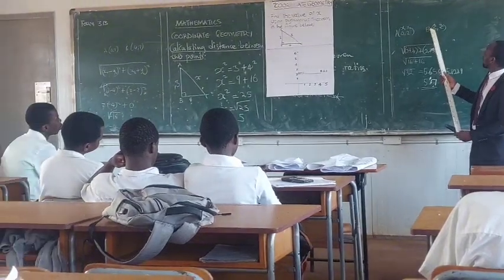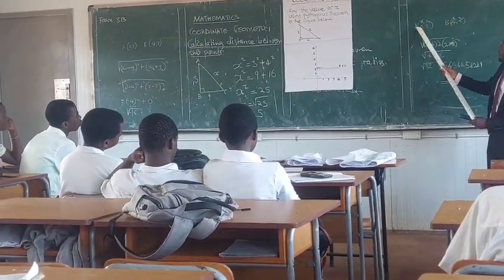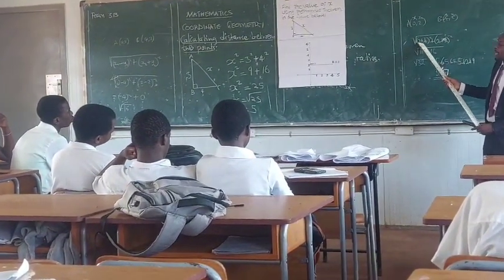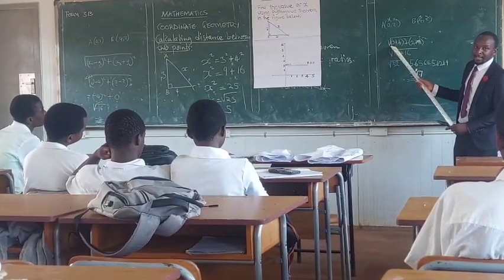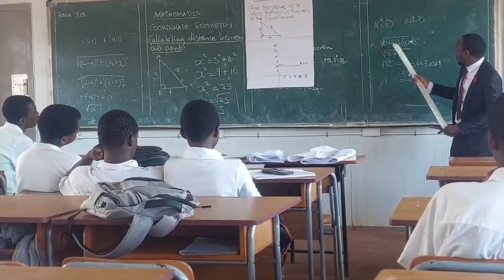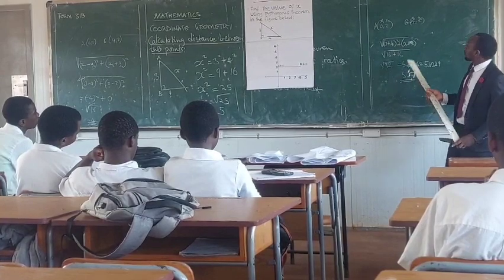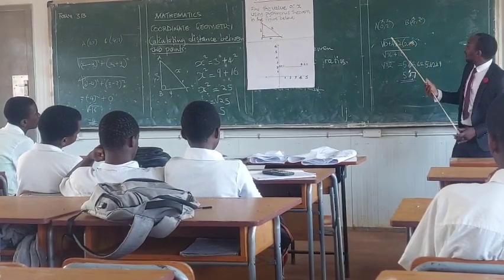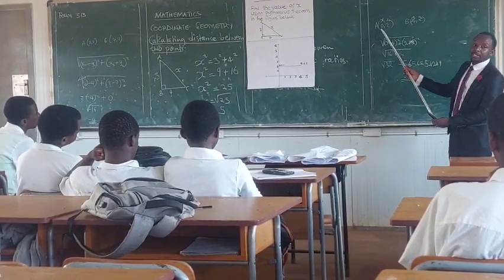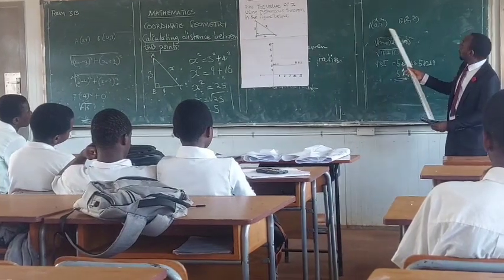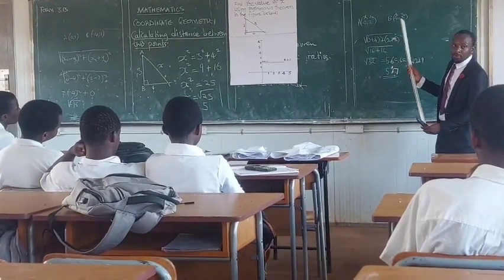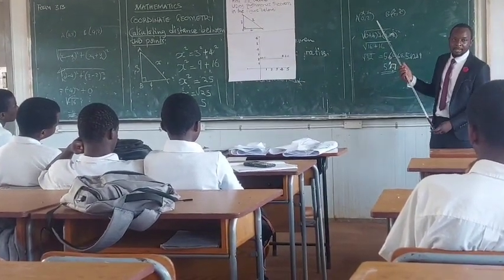So she has added y1 and x1 and proceeded to give the answer. So the mistake has been allocating the coordinates. She has located the coordinates at the wrong axis.